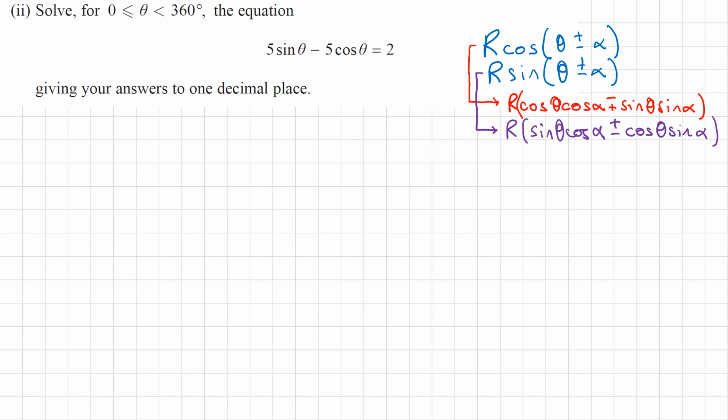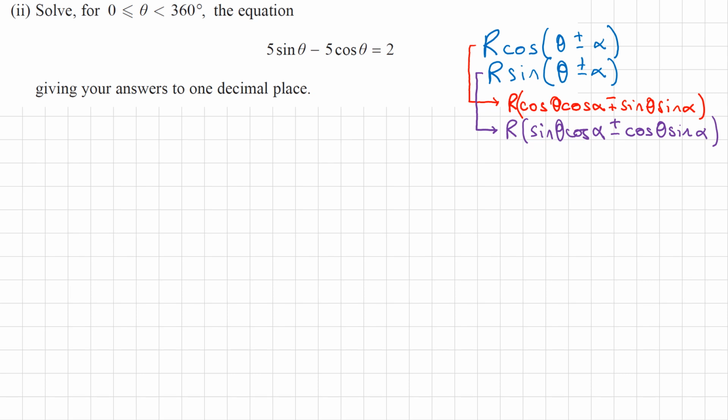Now, depending on which form I decide to write it in, will decide the values of sine alpha and cos alpha. Now, it's best to pick the one that matches best with this and doesn't involve us having to change things around or fiddle around with negative signs. And I think the one that matches best with this is this form here. So I've got a sine theta first.